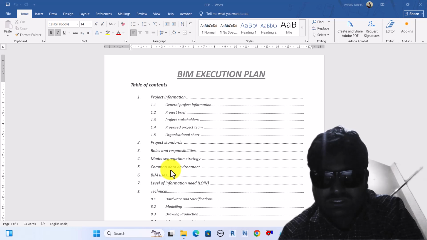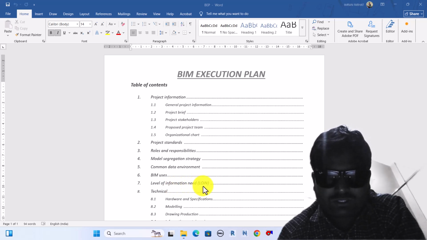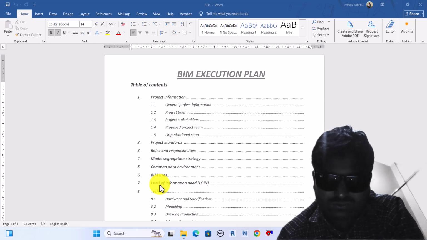That's why it is called cloud based data. The sixth is BEM usage. The seventh is level of information need, LOIN, which is about which information we have to share.